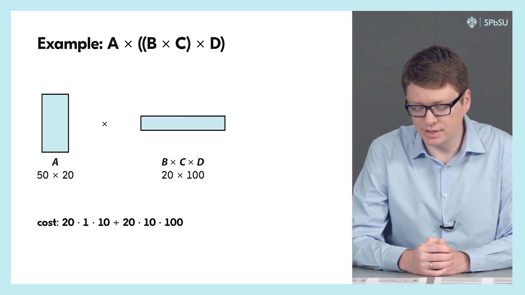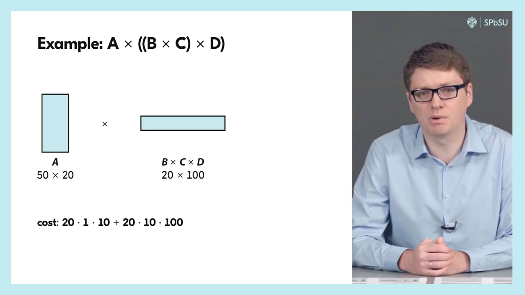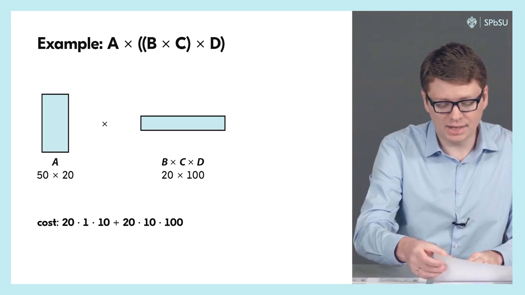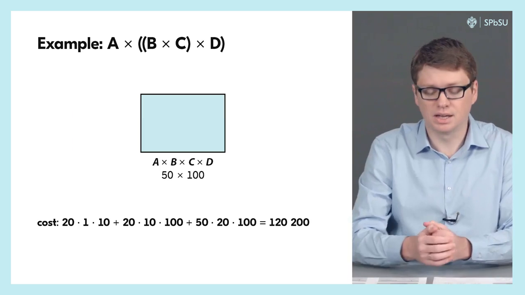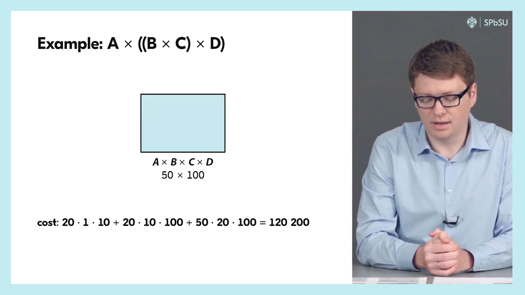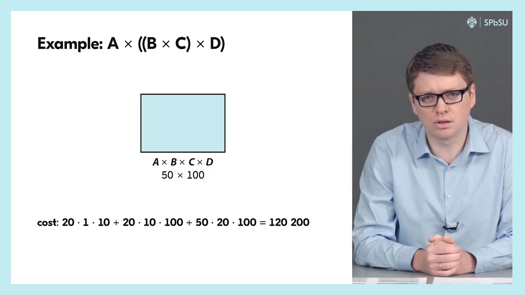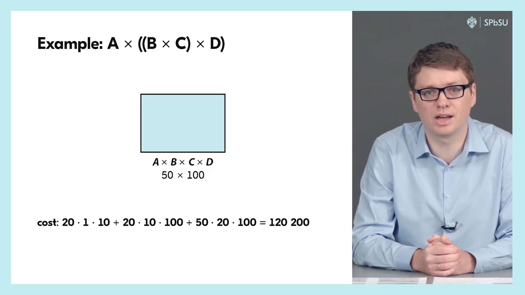Our next operation is multiplying this result by D. Then what we get is a matrix of dimensions 20 by 100, and we pay for it 20 times 10 times 100. Then finally we multiply A by the resulting matrix, and we pay for it 50 times 20 times 100. As a result, the total cost of this multiplication is roughly 100,000.